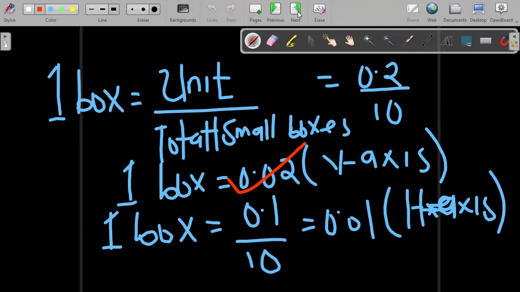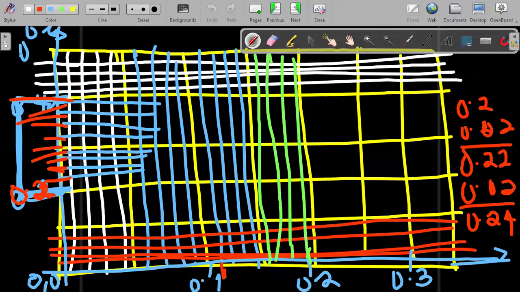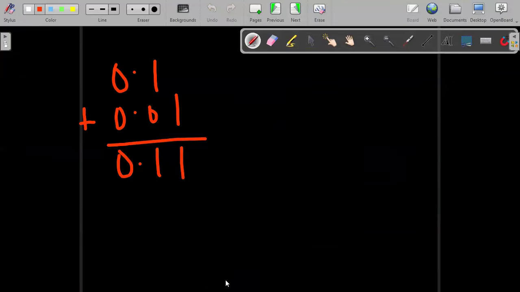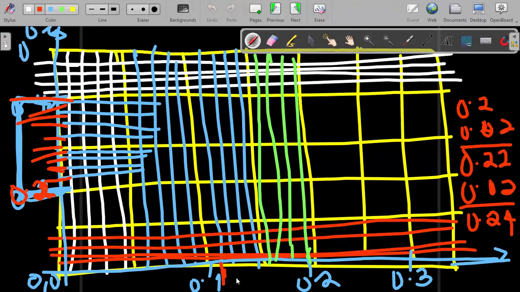That means if I count here now, I'm having 0.11. If I want to count the next one, it's a matter of adding 0.01 to it. So if I count the next box, here is 0.12, 0.13, 0.14, 0.15, 0.16, 0.17, 0.18, 0.19, 0.2. Are you seeing that? Is it clear?